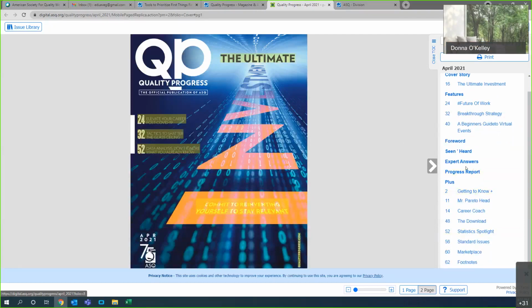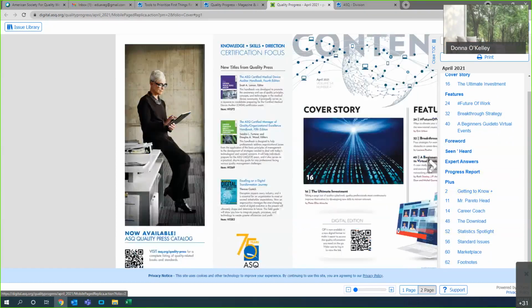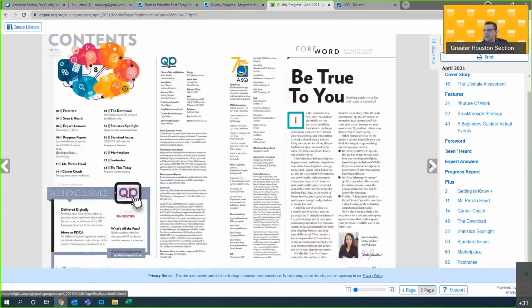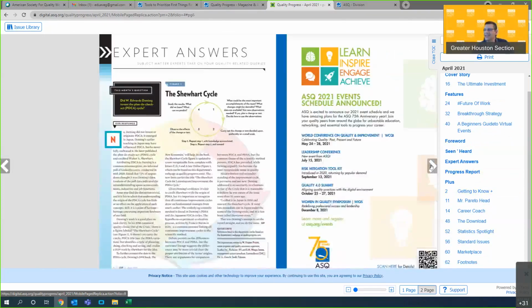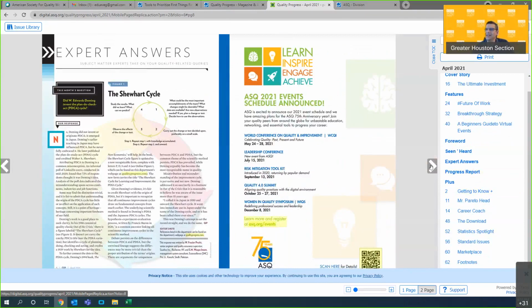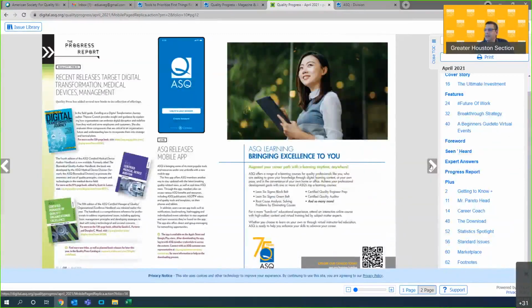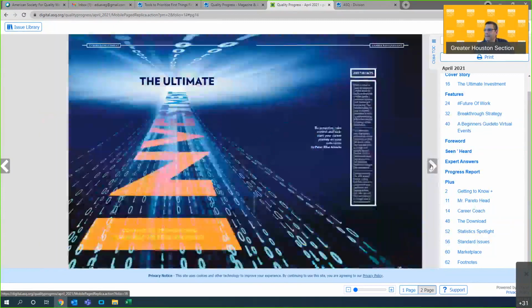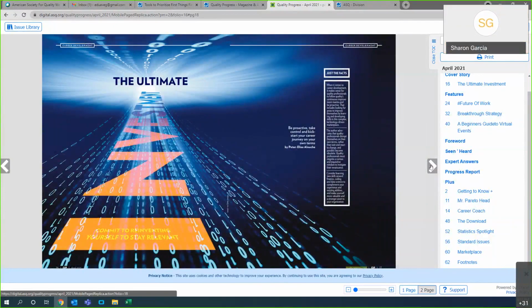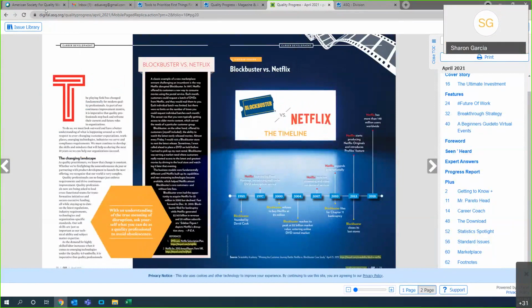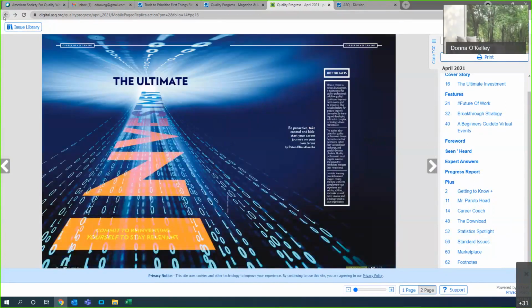You can see the magazine, right? You can see the screen. I think you're sharing the April 2021 edition. Well, this says it is March 2021 Quality Progress. So good catch.